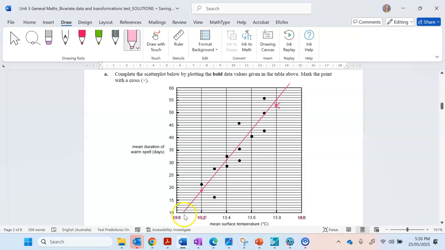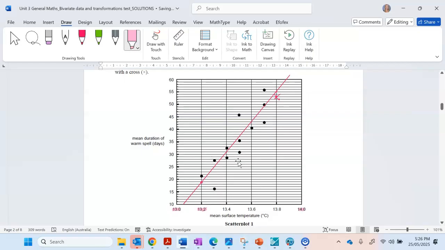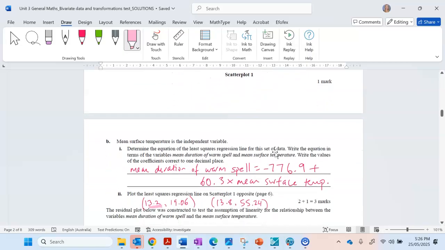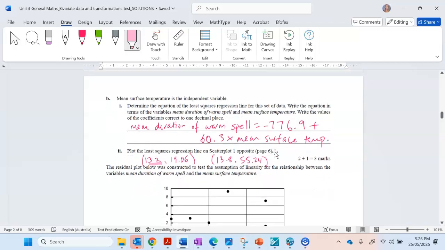You actually got this value down the bottom. It was pretty much in the right spot there, but they're not up here. So when marking this, they would definitely look for key points, and I would say they're looking for points at 13.2 and 13.8. So just taking care with that. That was a pretty hard one to draw.